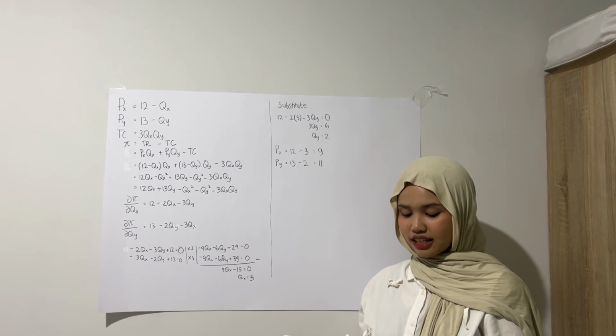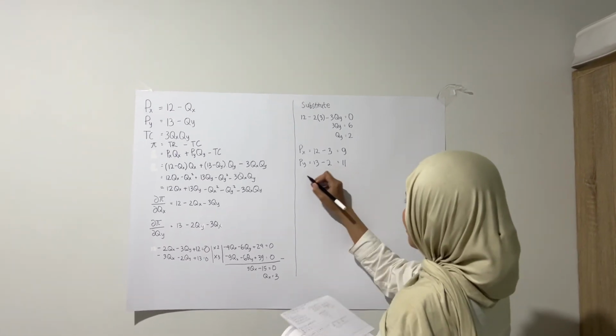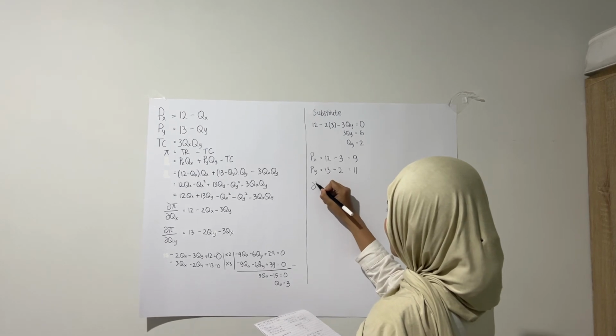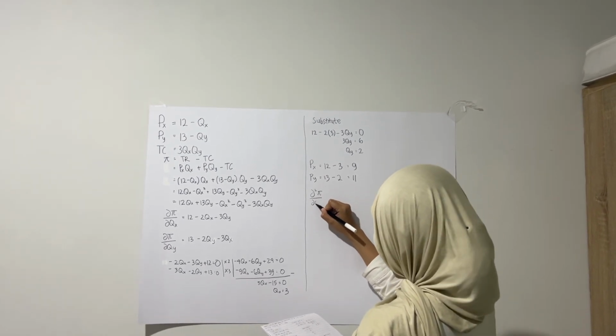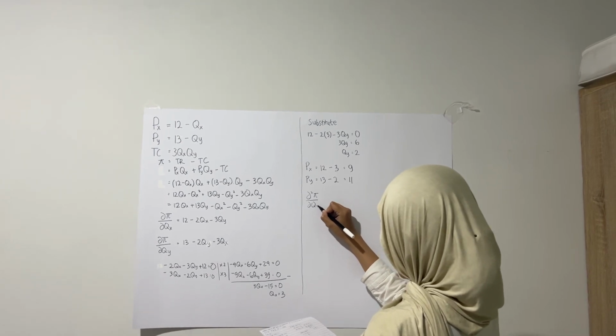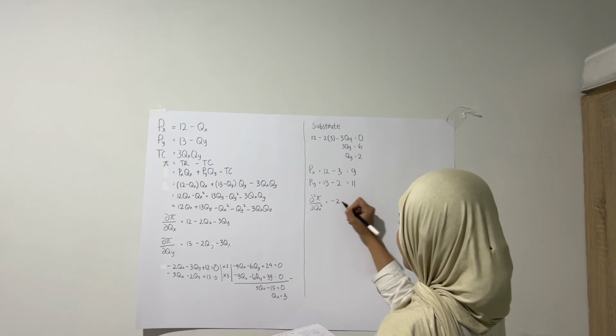Now we check the nature of the critical point using second derivatives. Dou squared V per dou qx squared equals minus 2, and dou squared V per dou qy squared equals minus 2.